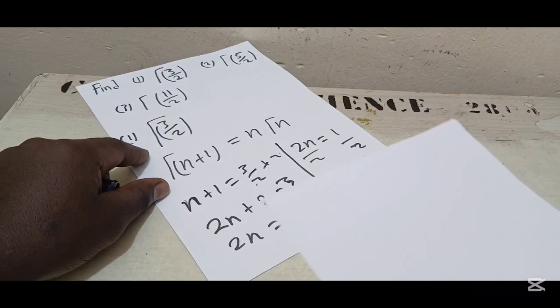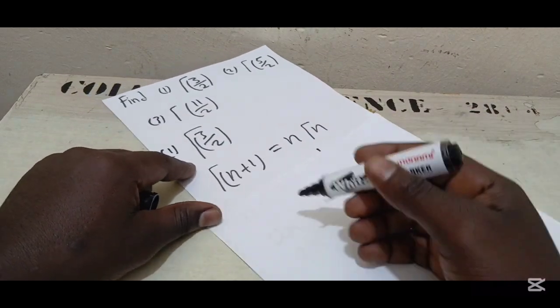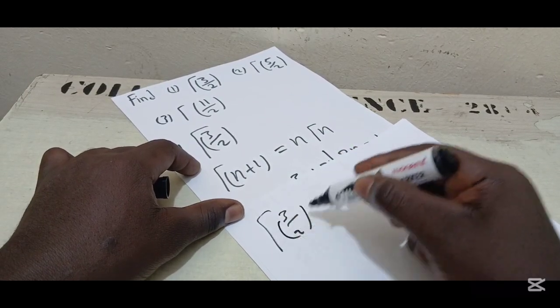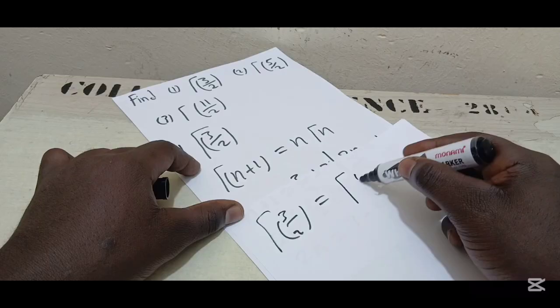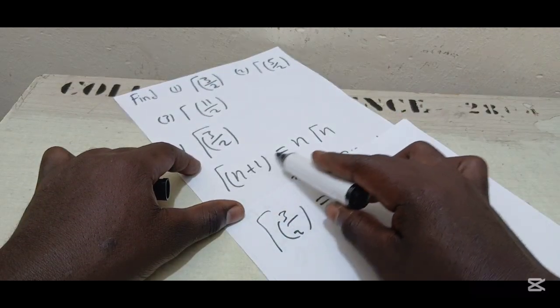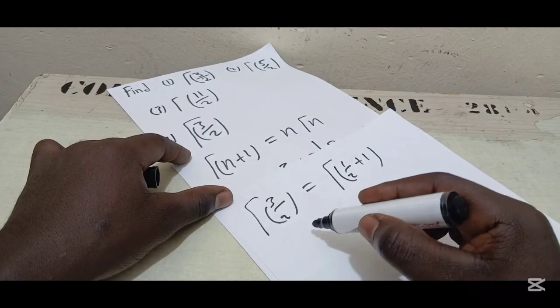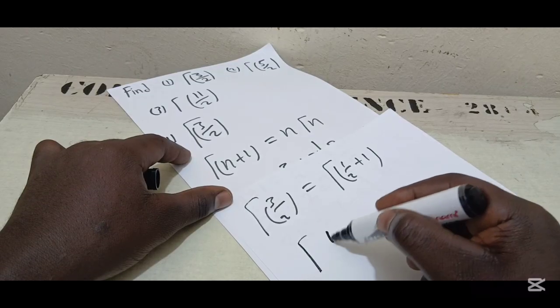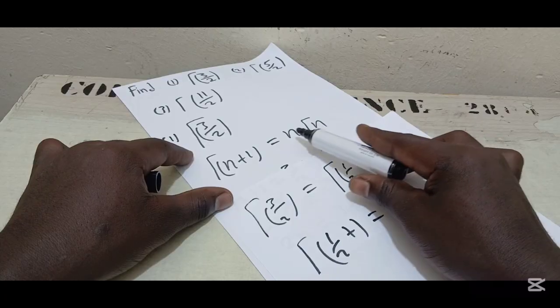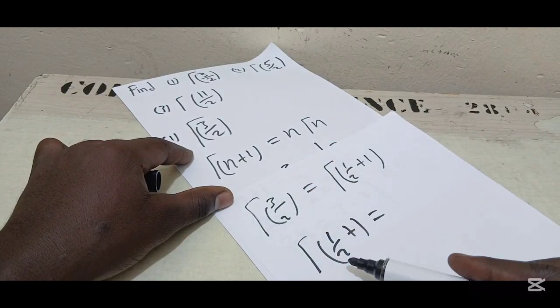So we know that gamma 3 on 2 is equal to gamma half plus 1, then we can go ahead and apply this formula. Comparing it to this formula, our n here is half.